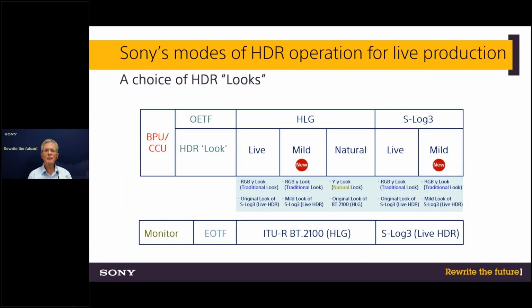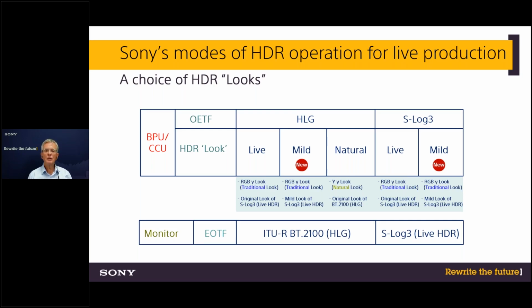Here's the information represented in a table. The OETFs that can be selected for production are shown across the top row, a choice of hybrid log gamma or S-Log3.